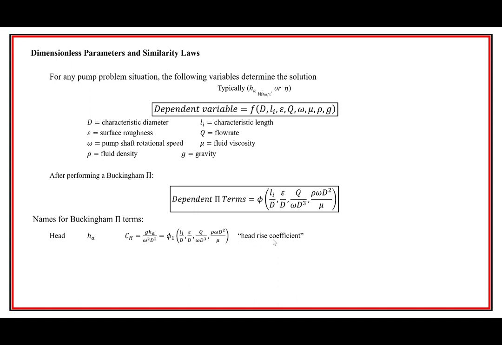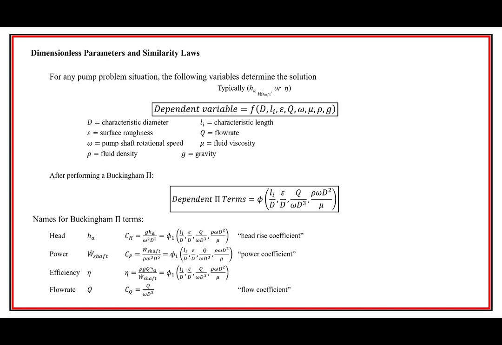So we could have the head rise coefficient, which is this grouping right here. We could have the power coefficient, which is this grouping right here. And we could have efficiency, which we would just call efficiency. We don't have a name for it. And then lastly, we could have the flow coefficient, right?